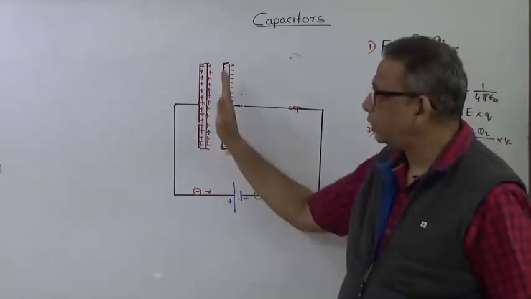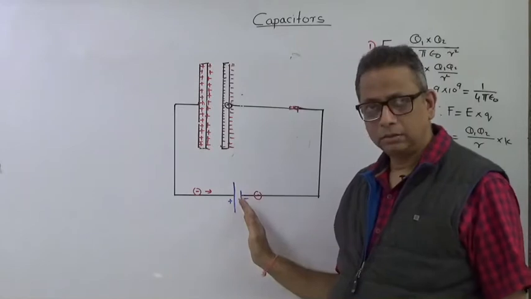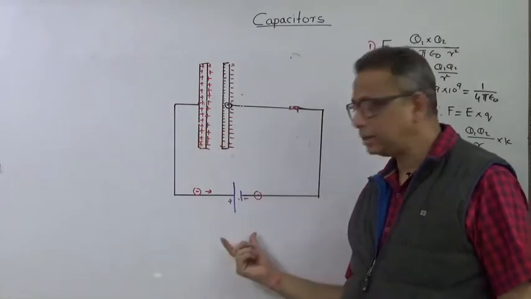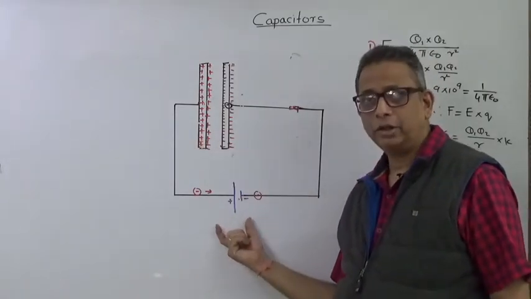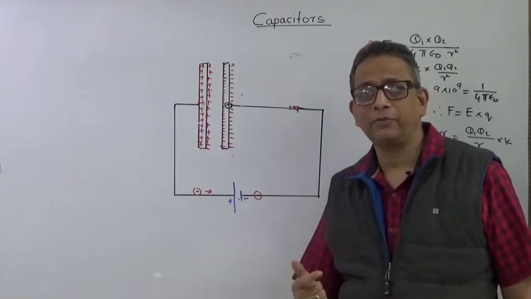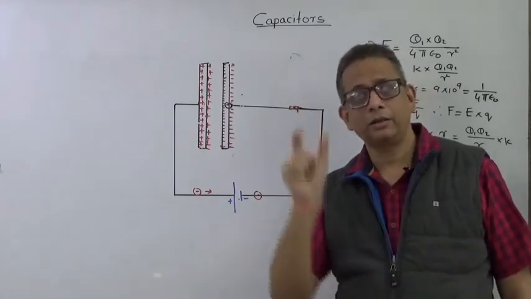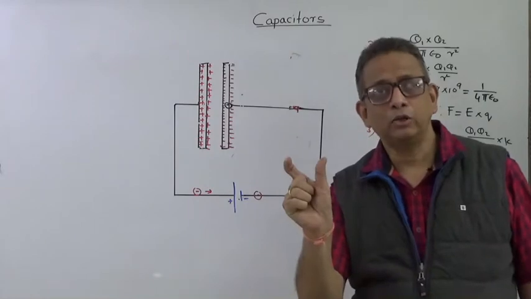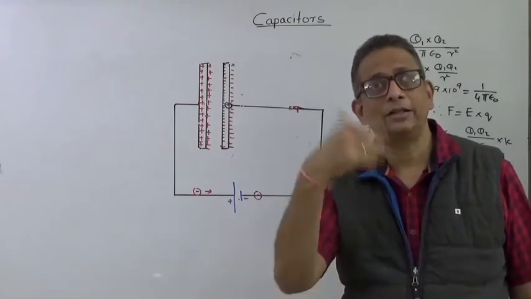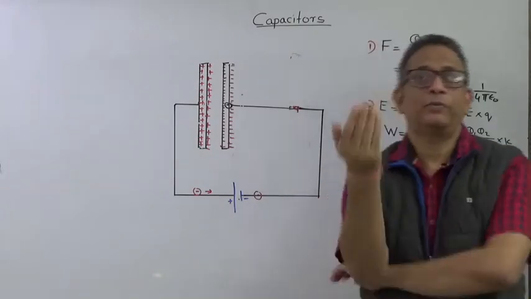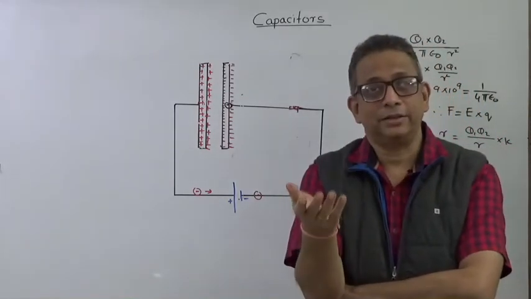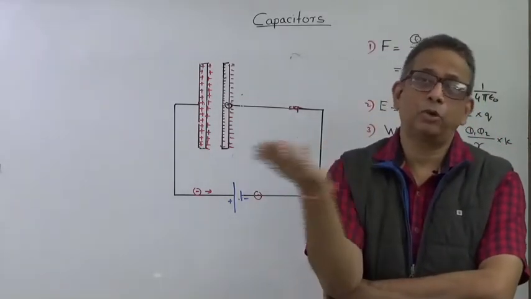The amount of electrons which can be given for circulation depends upon the value of voltage, because we had seen capacitance was charge accumulated per given volt. If I reduce my voltage, the capacitance will increase. So when the capacitance increases, more electrons will flow.